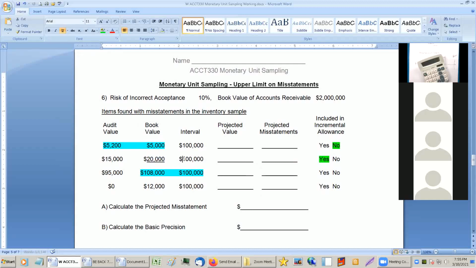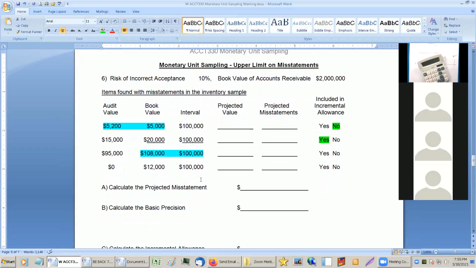So there could be more things that go wrong in that 100,000. This one is a no because nothing else could go wrong. It covers the entire interval. And this one, it's smaller. There could still be more things that are wrong. So this one would be a yes.